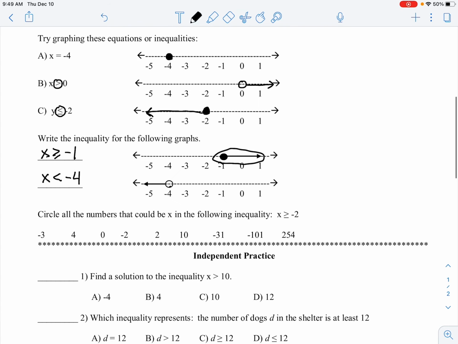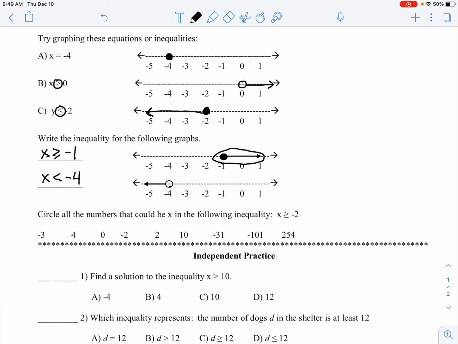And then we're going to run into questions like circle all the numbers that could be x in the following inequality. So this is telling us that x is bigger than or equal to -2. So we want to find all the things that are bigger than or equal to -2.